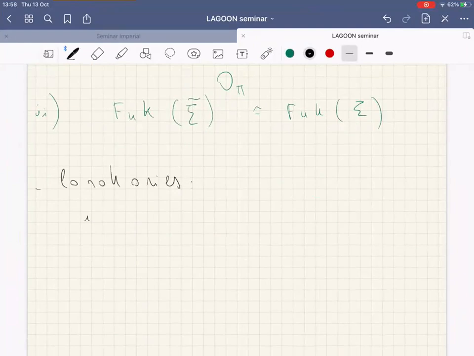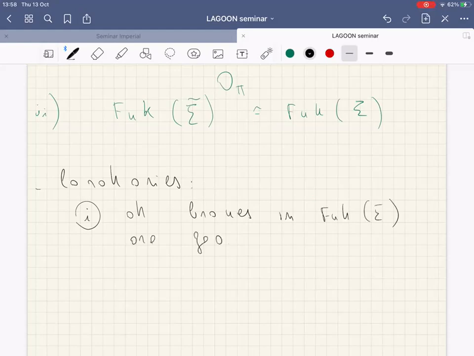The first one is the answer to a question by Haiden, Katzarkov, and Kontsevich: all branes in the Fukaya category of Sigma are geometric, so they can be represented by an immersed curve in Sigma.